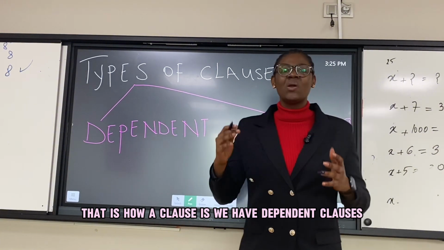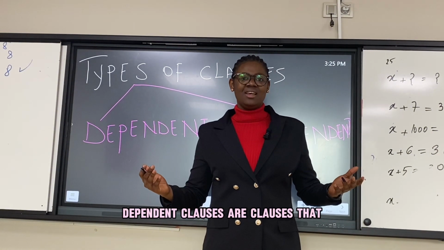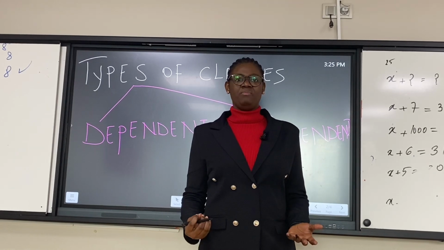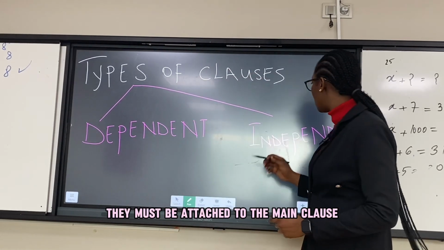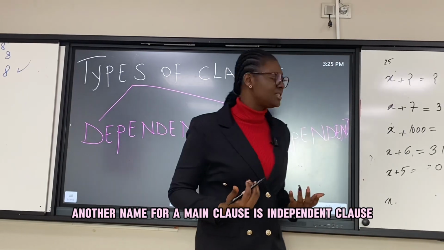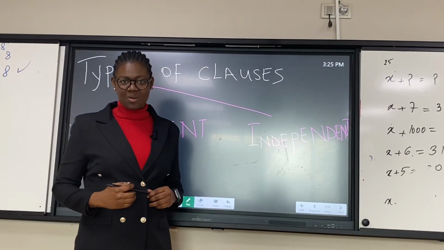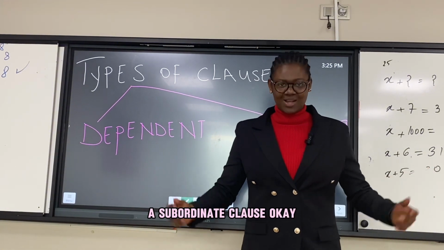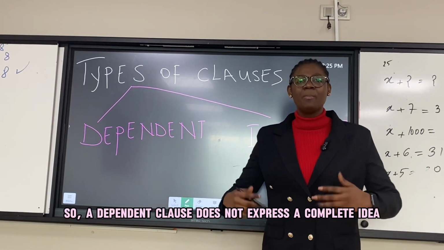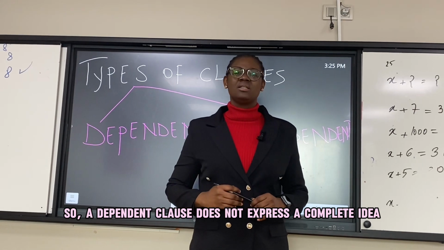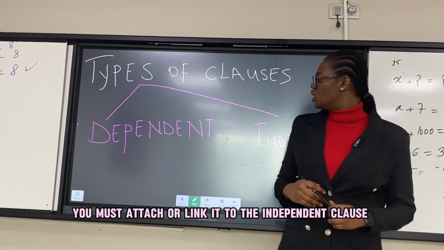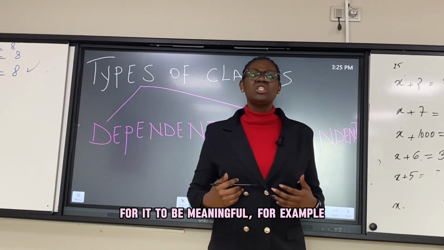We have dependent clauses. Dependent clauses are clauses that do not express a complete idea. They must be attached to the main clause. Another name for a main clause is independent clause, while another name for a dependent clause is a subordinate clause. A dependent clause does not express a complete idea. You must attach or link it to the independent clause for it to be meaningful.